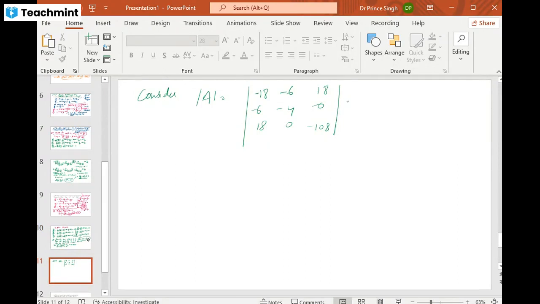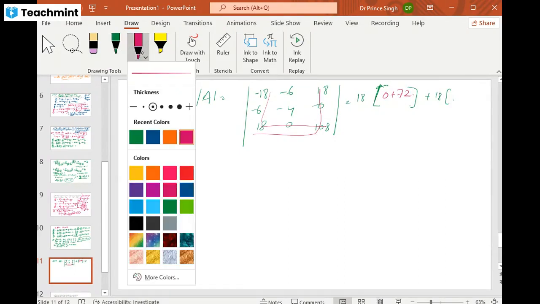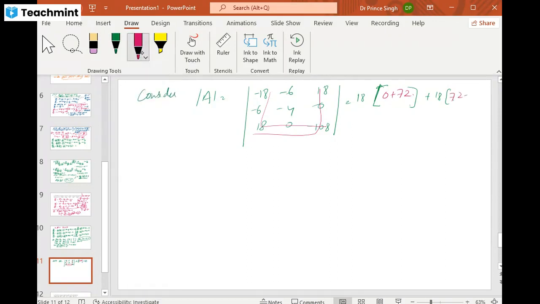This is 18 times (this into this minus this, 0) plus 72, then plus 108 times (72 minus 36).